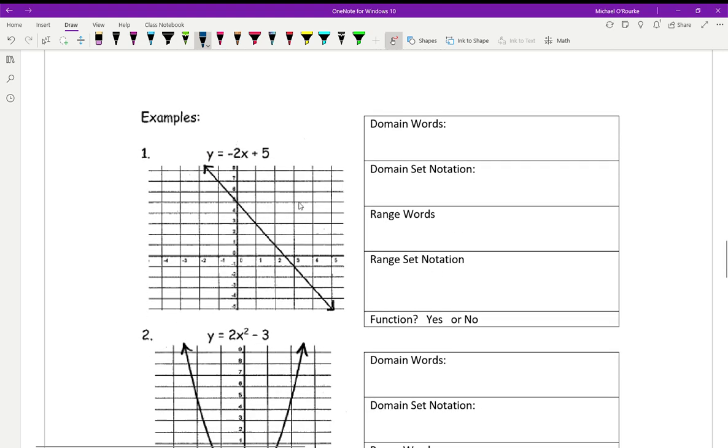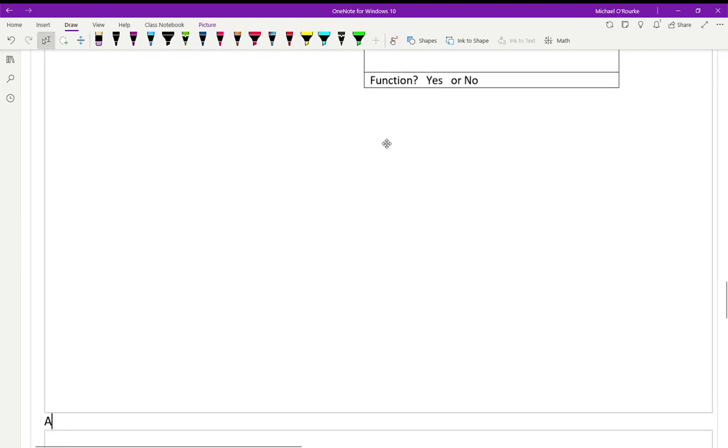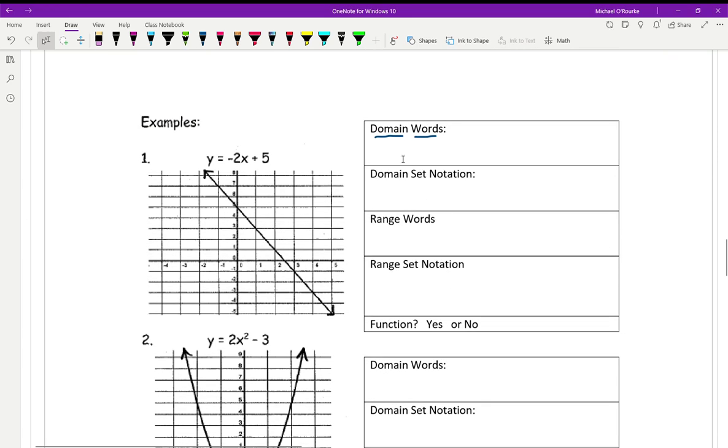So for this one here, you have to imagine this going on forever. It's got an arrow right here, so it's going to go on forever. When it asks you for the domain in words, it's asking, what x values can it be? In this case, if it goes on forever going this way and forever going that way, you could just say any x values.